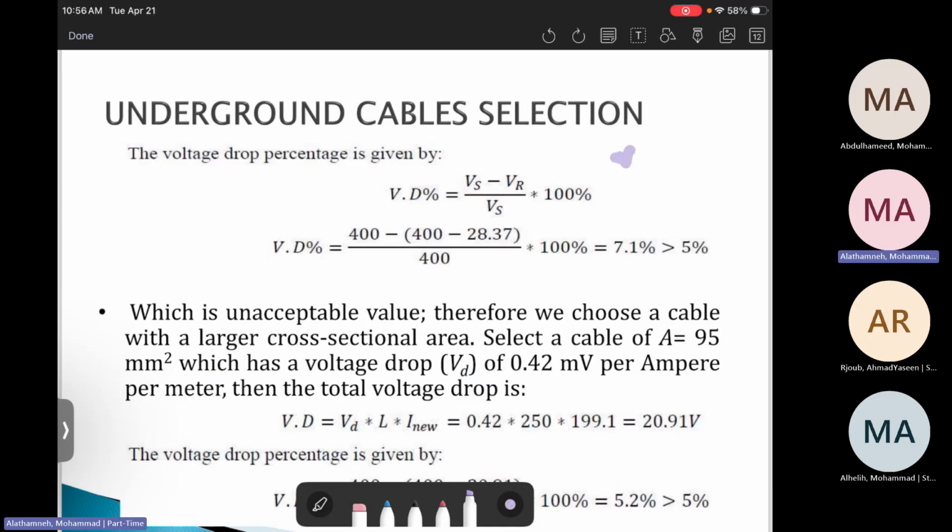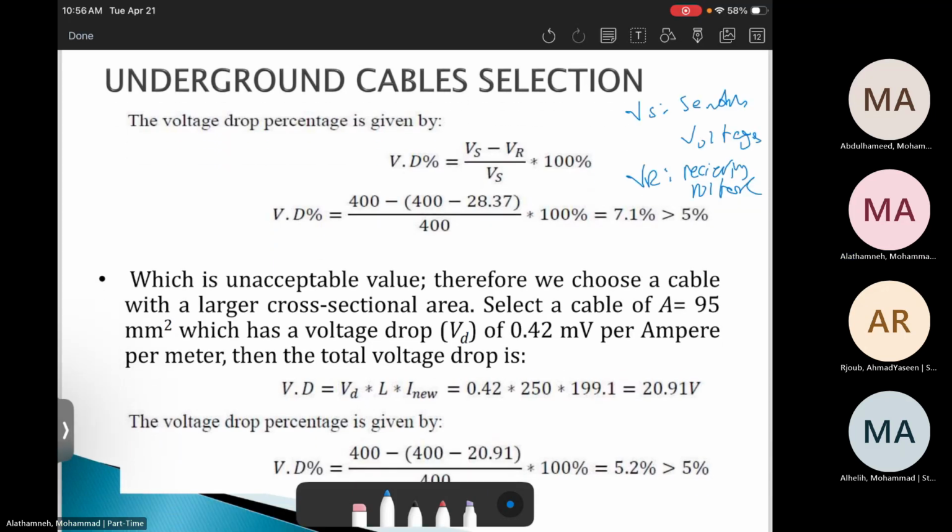Vs is called V sending, and VR is the receiving voltage. So we can do this ratio. It's very similar to the voltage regulation ratio, but here it is the voltage drop percentage.